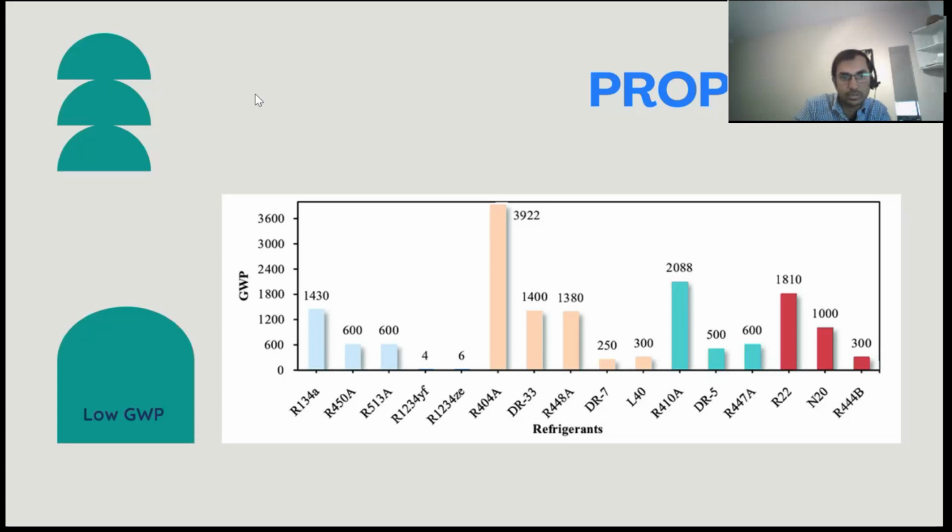If you see the GWP list, it is tabulated here. In the list, if you see R134a, R1234yf, R1234ze, these have low GWP, and R404A, R410A, R22 have high GWP.